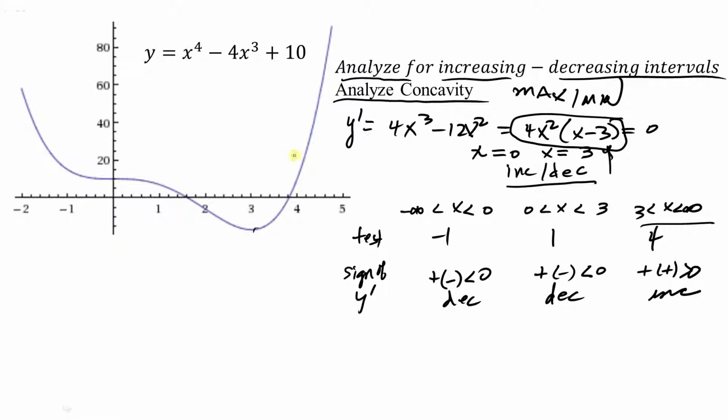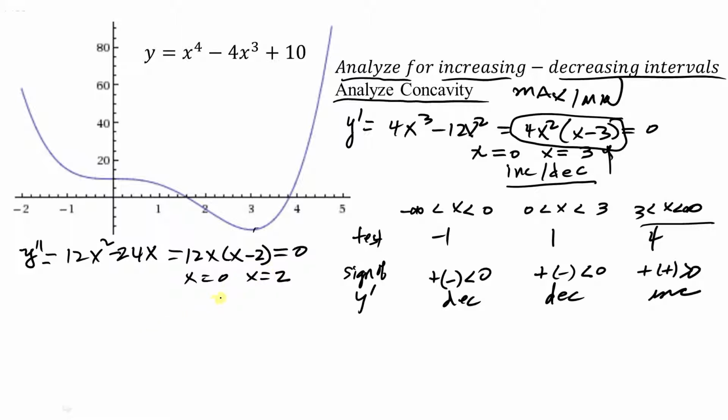Now let's look at concavity. The second derivative tells us about concavity. The second derivative would be 12x squared minus 24x, which is equal to 12x times x minus 2. Set it equal to 0, and we get x equals 0 and x equals 2. And so there are potential points of inflection at x equals 0 and x equals 2.